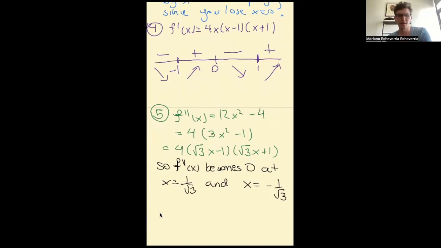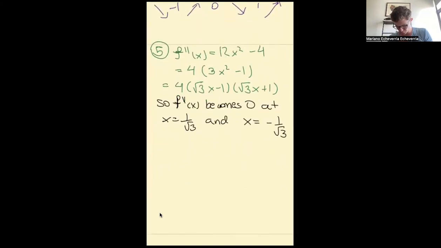You have to leave it at, it ends up being square root of 3. So what you can do now is, in this number line for the second derivative, the interesting locations now are 1/√3 and -1/√3, because that's where the second derivative becomes 0.